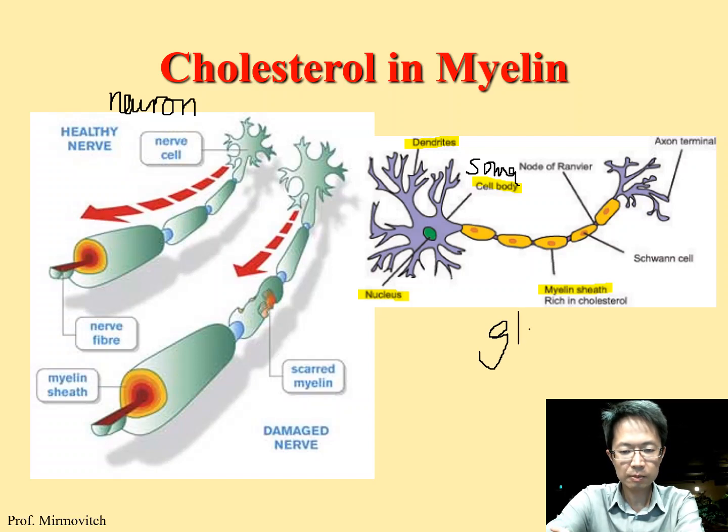These cells wrap around the neuron. We have different types of glial cell, five types in total. One subtype is called Schwann cell. Schwann cell is the one that wraps around.